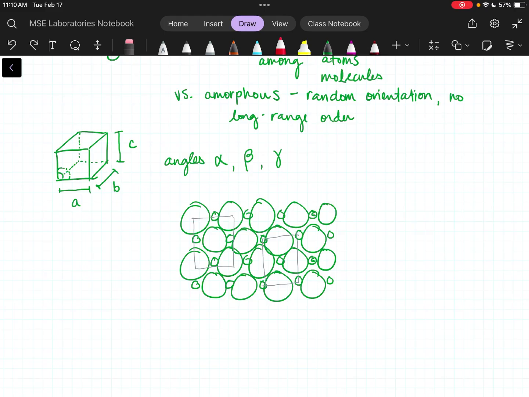So that's my basic unit cell, which means if I were to draw a line, don't use red and green together, that's a bad choice. If I were to draw a line through these two, you'll notice that those lines are identical, right?